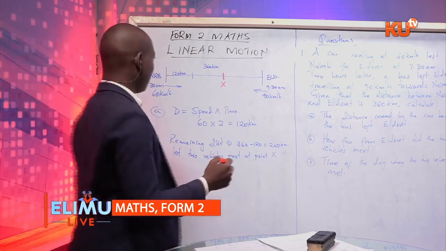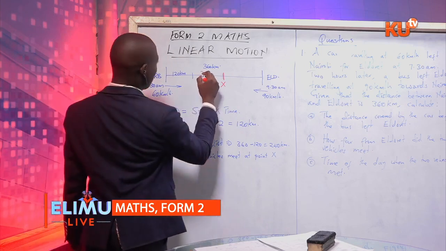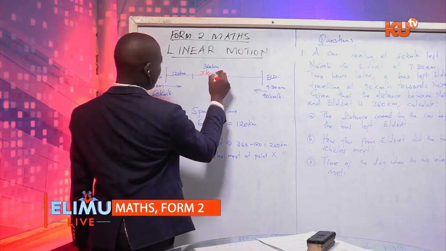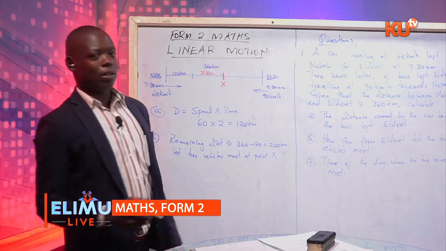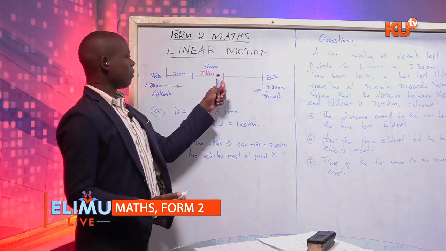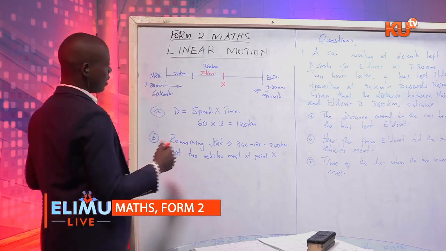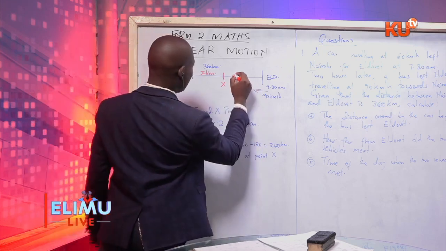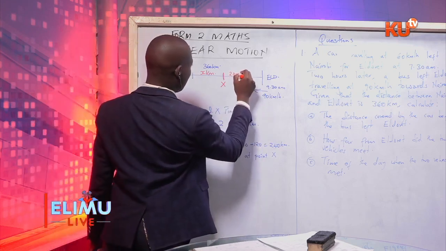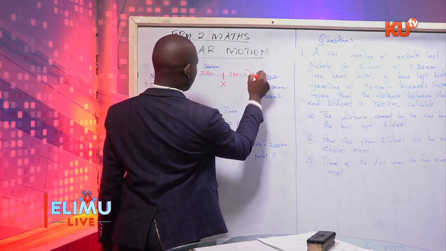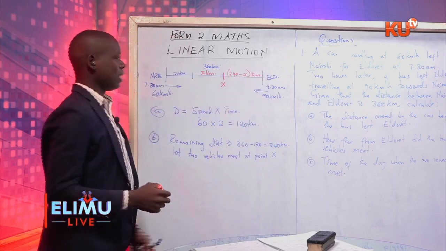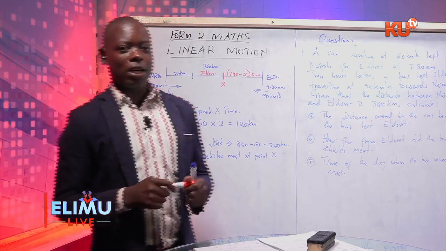Let this distance be X kilometers. So students, what is the distance from X to Eldoret? The distance from X to Eldoret will be 240 less X kilometers.